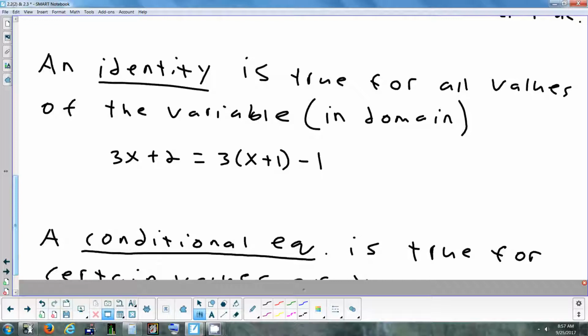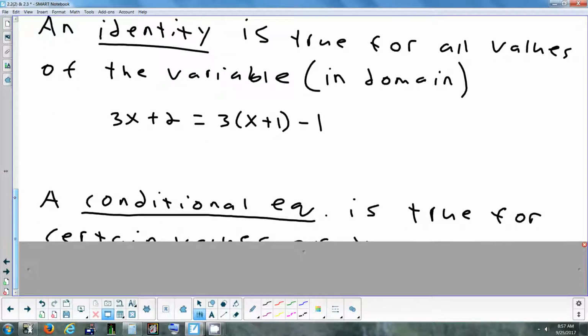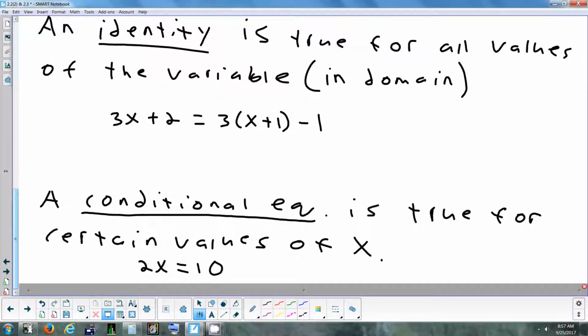Okay, and a conditional equation, that's one that's true for certain values of the variable, okay, like 2x equals 10. That equation could be true if you pick the right value for x. And again, I think you already have those in your notes from chapter 1, so you don't need to write them again unless you want them.